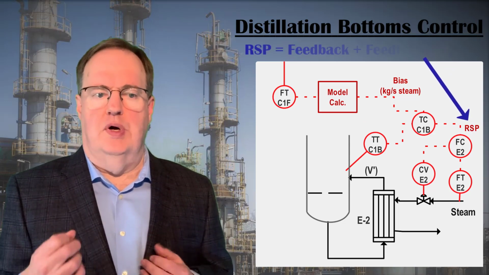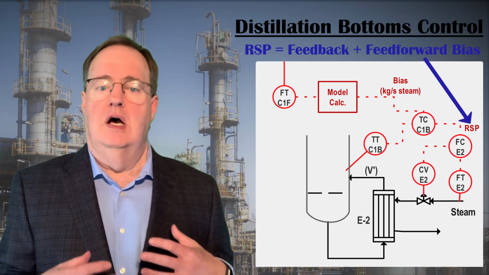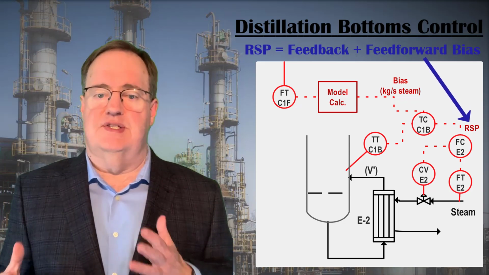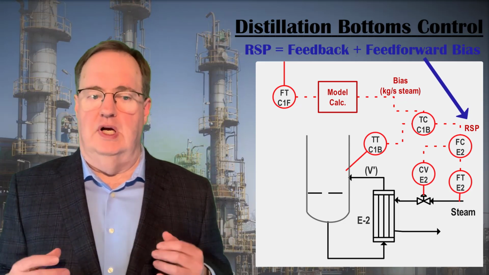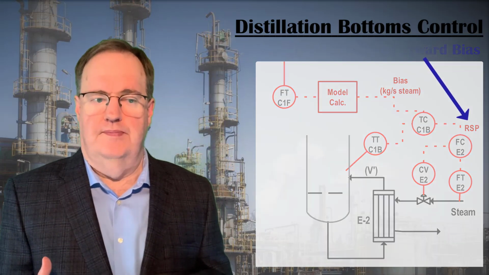The remote set point going to the subordinate steam flow controller is the sum of the model-based steam flow necessary and the output of the supervisory controller's feedback loop.